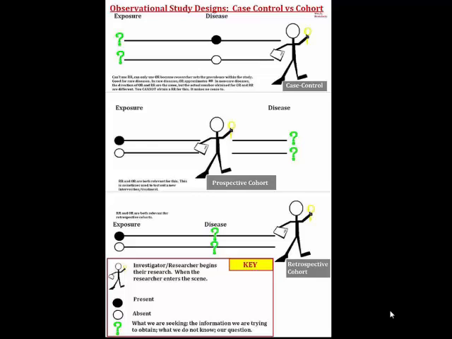On the other hand, in a cohort study, you are going to start from the exposure. So you have one group with the exposure that you want to study and another arm with the patients without exposure. And then you go in time and see if they develop the outcome that you are looking for.